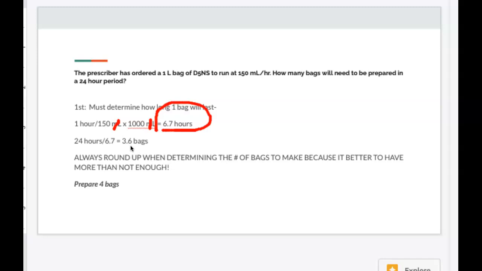So you always want to round up when you're calculating the number of bags to prepare, because if you only prepare 3 bags, let's say you rounded down, they would run out in 22 hours instead of 24. And then what are they going to do for the next few hours? So you always want to round up. Even if this was 3.2, you would want to round up to 4 bags. So our correct answer is to prepare 4 bags right here. Okay? And that is how you calculate a problem like that.